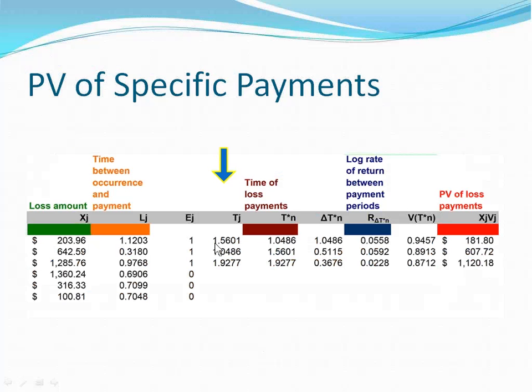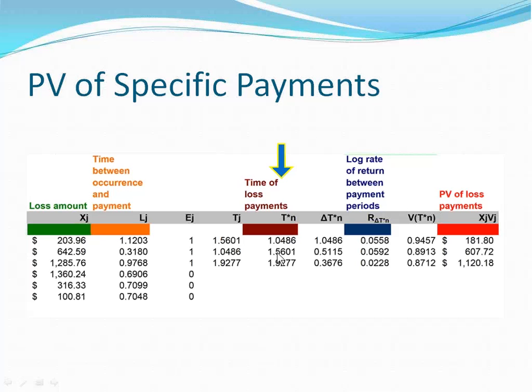That would be in 1.5 years. The next thing we do is associate with this the appropriate discount factor. You go to the next column and find out when this occurs.